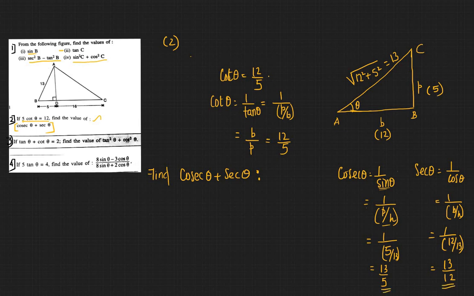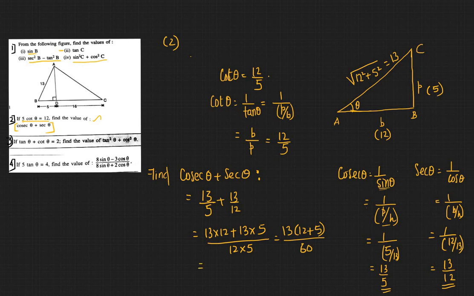So once you have this, all you need to do is to add this up. So it is 13 by 5 plus 13 by 12. That would be 13 into 12, cross multiplying, divided by 12 into 5. I can take 13 common and say 12 plus 5 here, divided by 12 into 5 is 60.